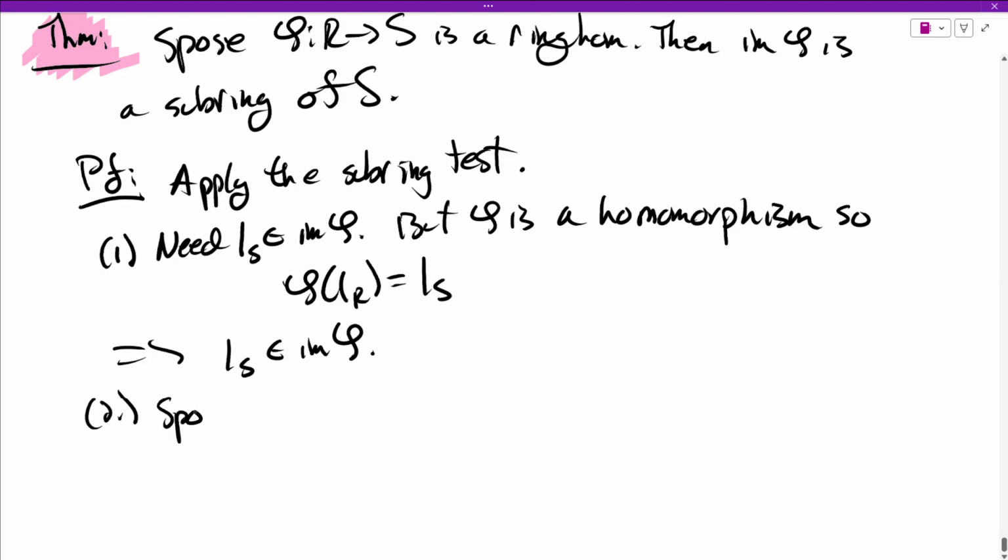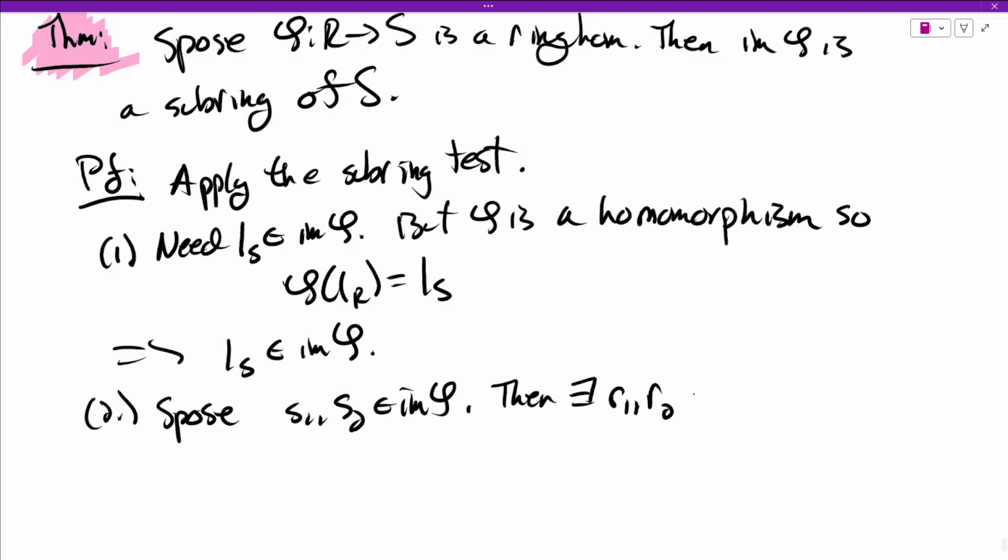So let's take 2 elements in the image. So let's say S1, S2 are in the image of phi. Well, by definition of being in the image, there exist at least 2 elements in the domain, such that phi of R1 is S1, and phi of R2 is S2.